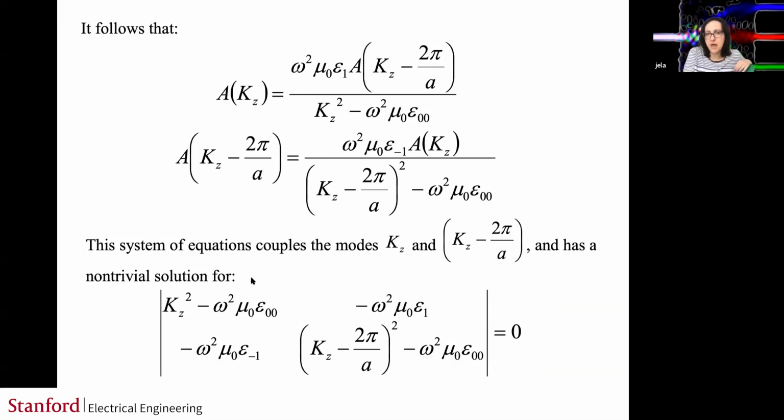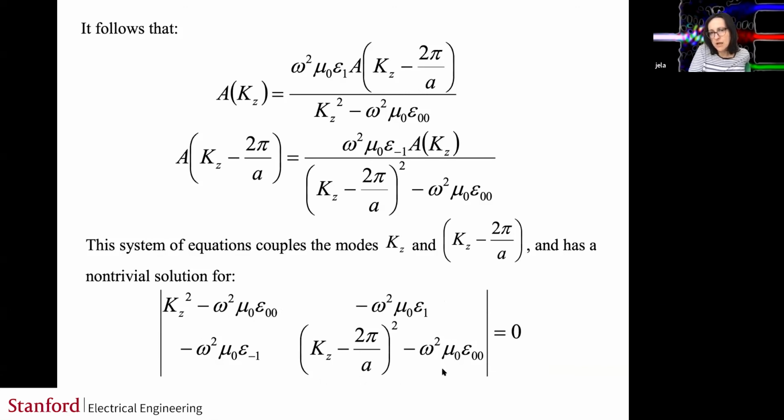So what does this depend on? It depends on k, which is varying, but it's varying around pi over a. We picked that condition and made approximations for that. It depends on Fourier coefficients of epsilon. In this case, again, only on epsilon00, epsilon 1, and epsilon minus 1, because we neglected all the others, and it depends on the frequency of the system.